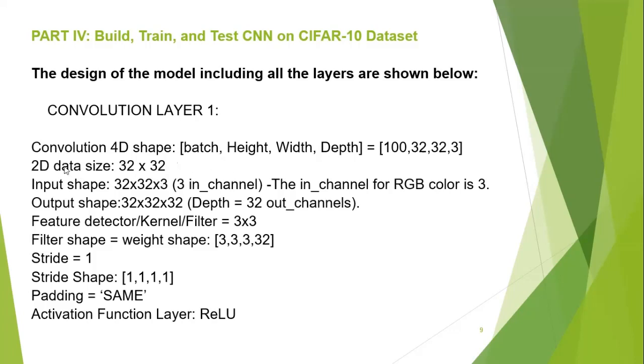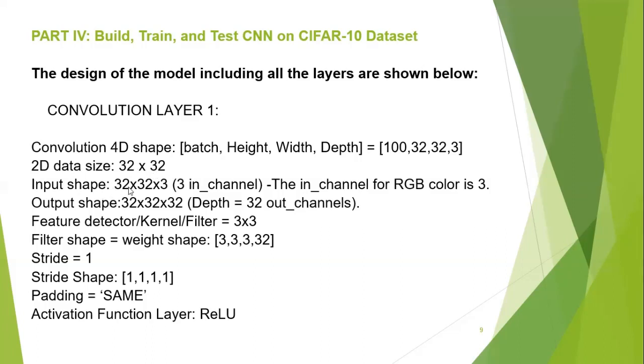And this is the shape of the 2D data that are uploaded into the CNN, 32 by 32. It means 32 height and 32 width.